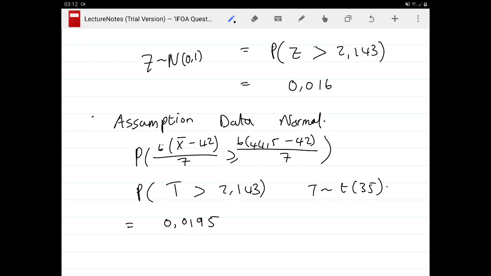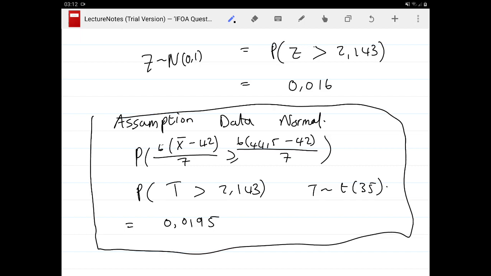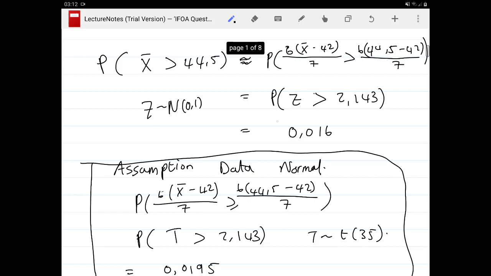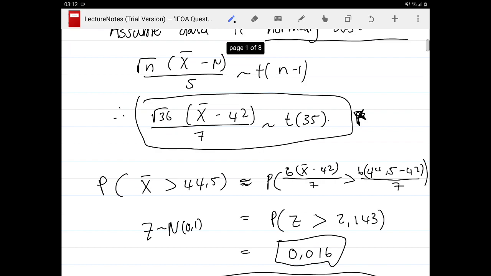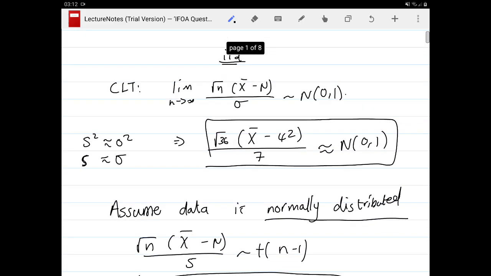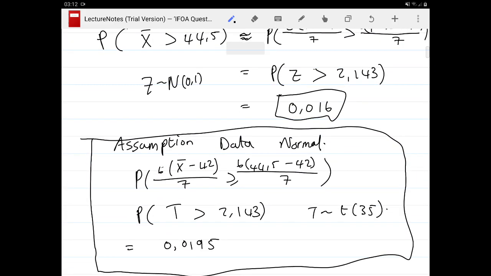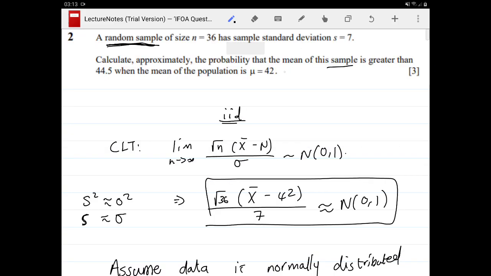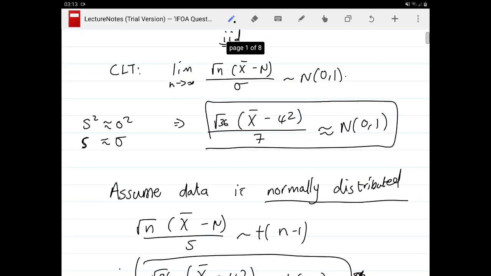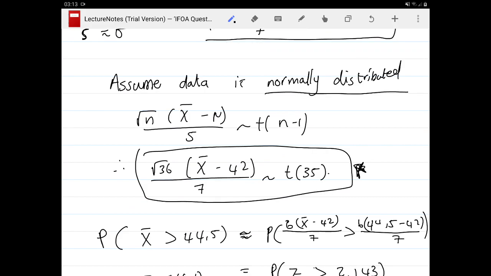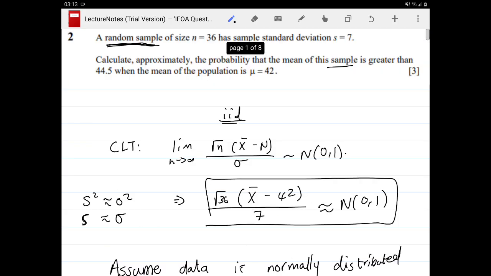This probability is using the assumption that our data is normal, and this probability is not using that assumption, but it is approximating our population standard deviation with our sample standard deviation, and it is also using the central limit theorem. So it depends on how you want to answer your question. They haven't given you any particular direction, they just said calculate approximately. So these are two valid approximations depending on how many assumptions you want to place on your data.